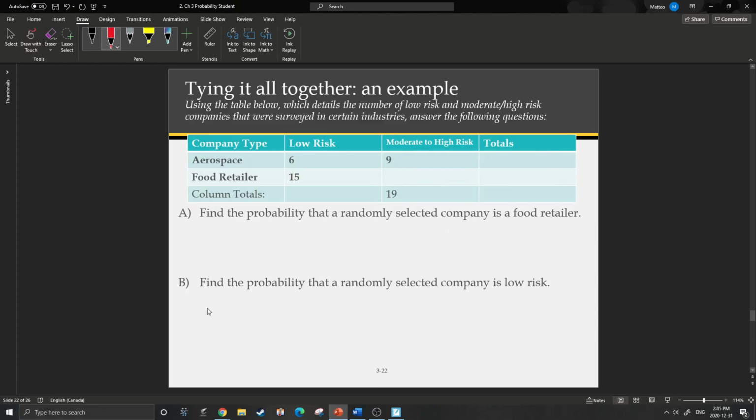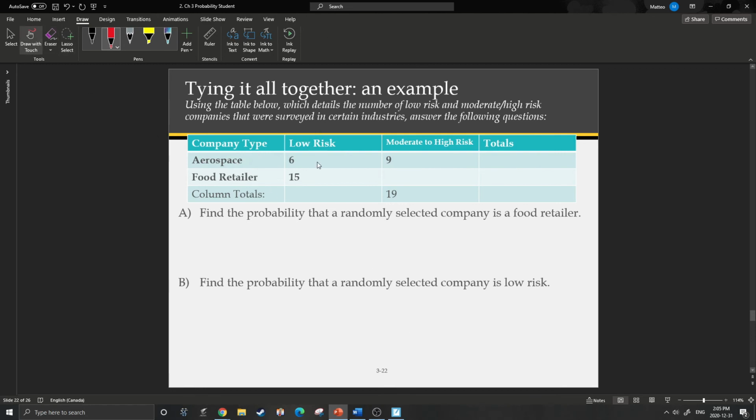So tying it all together, we have a nice little question. Using the table below, which details a number of low-risk and moderate to high-risk companies that were surveyed in certain industries, answer the following questions. So what we've got is companies in aerospace, then food retailers, okay?